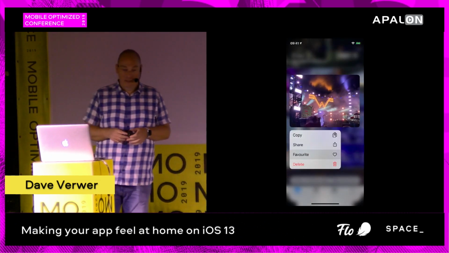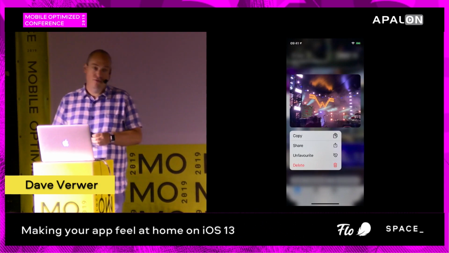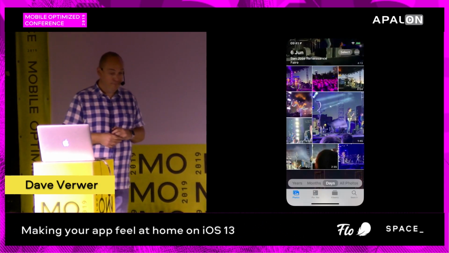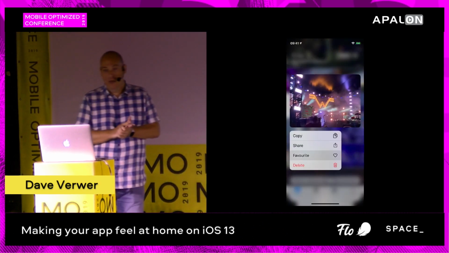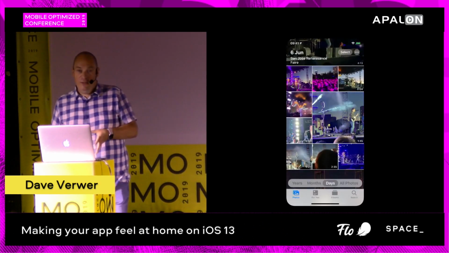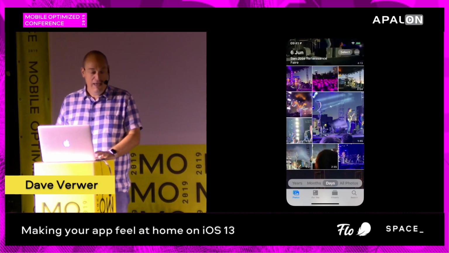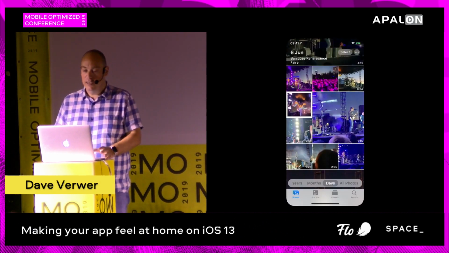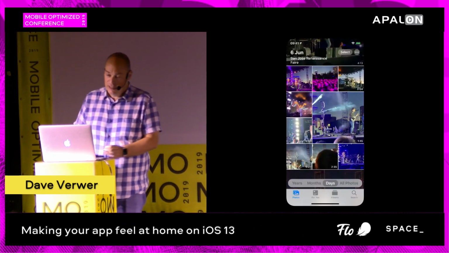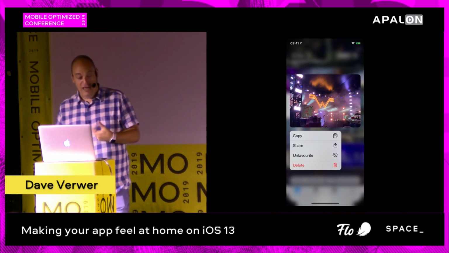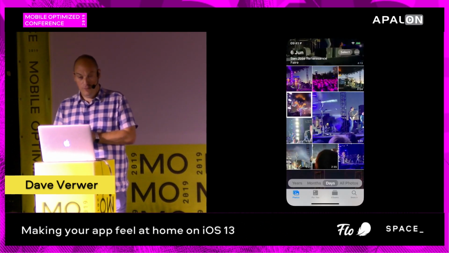Another feature of iOS 13, which is great for discovery, is the new context menu API. This is replacing the peek and pop API, which was fairly well adopted, but never completely adopted by third-party applications. In iOS 13, that has changed, and we now have a context menu API as well.